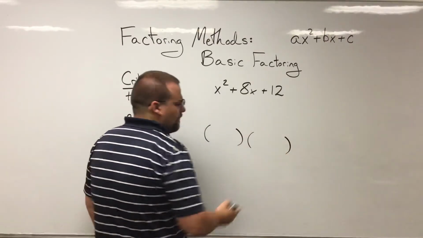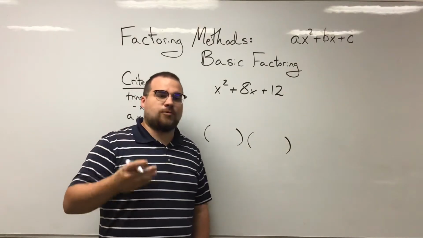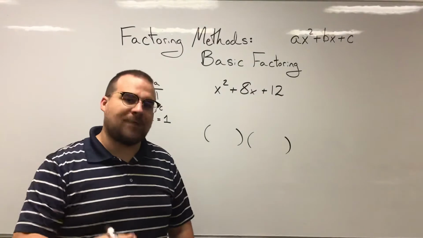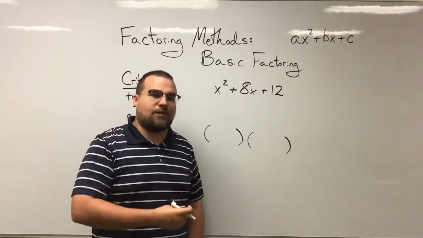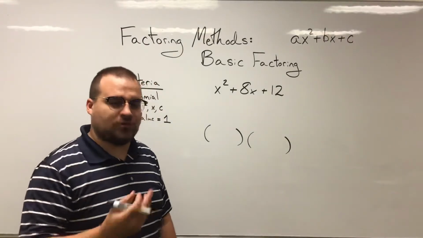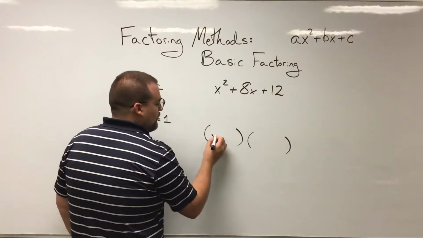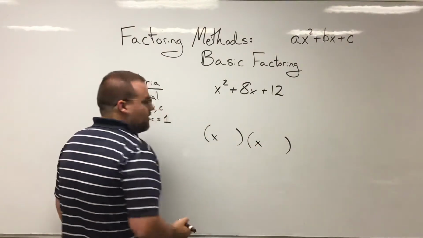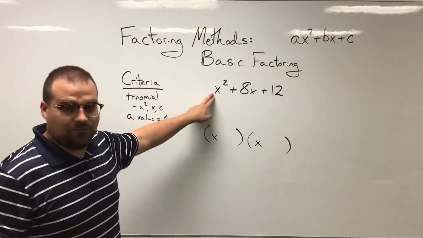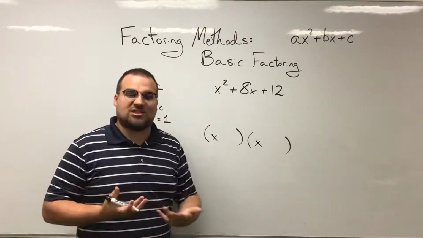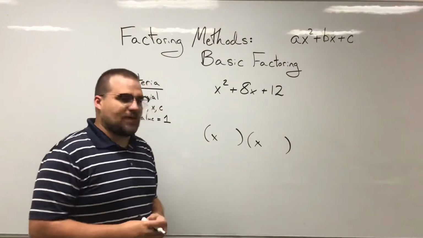As you know, whenever we're factoring polynomials, specifically trinomials, we end up creating two binomial parts or factors to that polynomial. We're trying to create two binomials that when multiplied are equivalent. Now both of these are going to begin with an x, since our a value equals 1, that would be the coefficient in front of the x squared. We don't see 1 there, so it's the invisible 1 idea. Both of these are going to start with x.